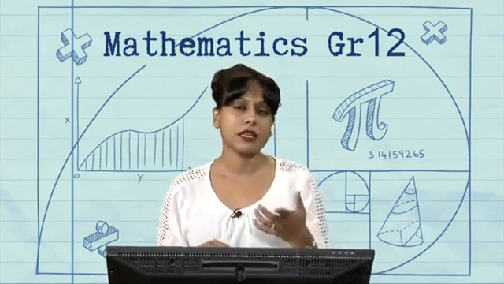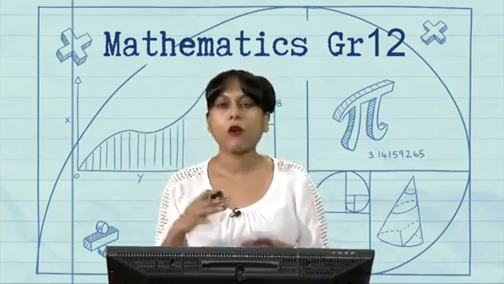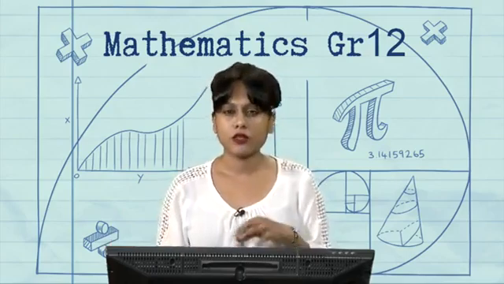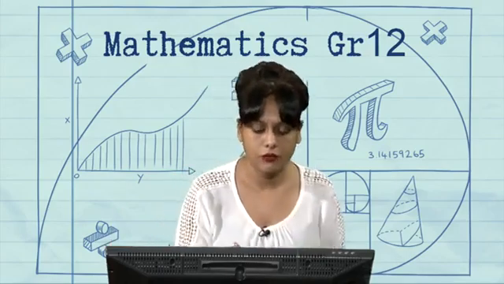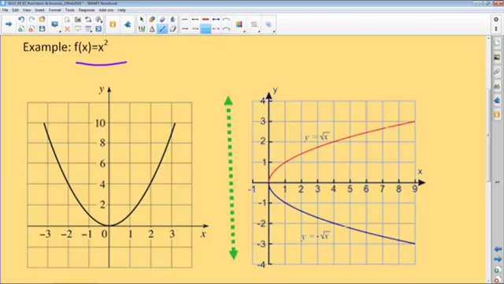And how you then tested whether a function was one-to-one or many-to-one is you would use a horizontal line test. So I'm going to move the vertical line aside for a sec, and let's look at the horizontal line. I put a horizontal line through my curve.